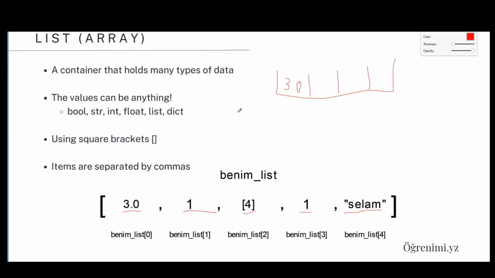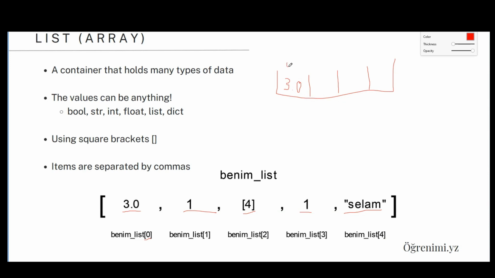And to access an item in a list, we have to specify the index. So the way that many programming languages, including Python, work is that when you count, you start from 0.